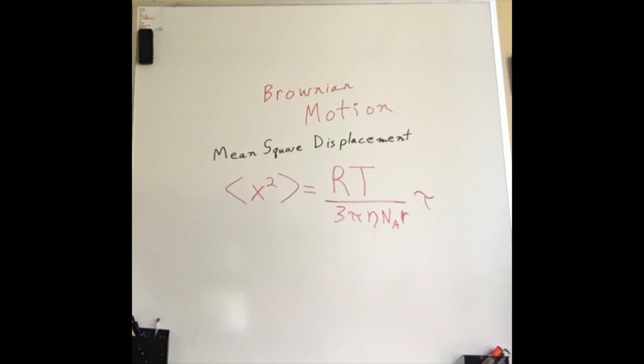And then R is the gas constant, T is the absolute temperature in Kelvin, eta, that's the N with the little thing hanging down below it, that is the viscosity. Na is Avogadro's number, R is the radius of the particle, and tau is the time between your observations.